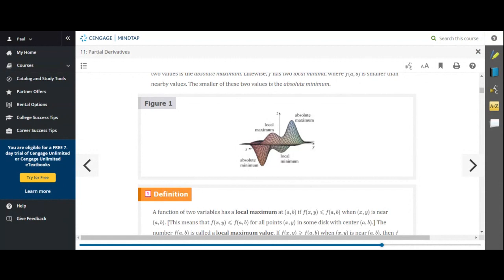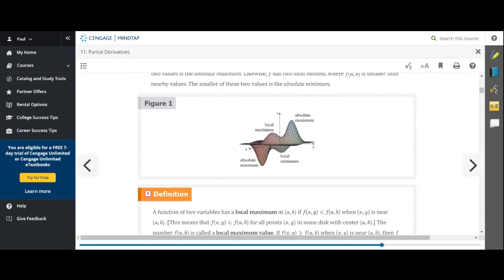You have here a surface, and you have local maxima, local minima, and then you have absolute maxima, absolute minima, just like in calculus 1, but only you're dealing with the surface. So the question then becomes, how do you identify where these local maxima and local minima are? How would you identify this?